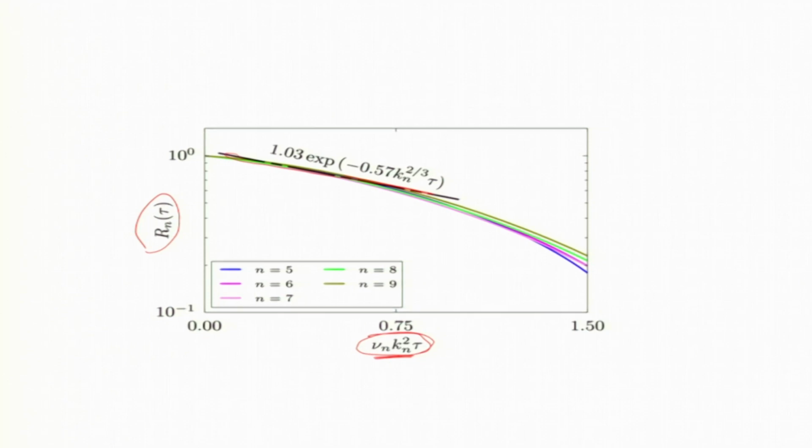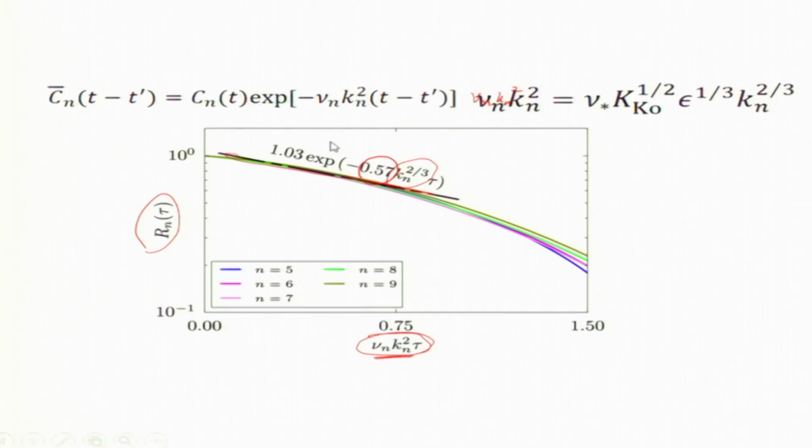Interestingly, this is going as k n to the 2/3. Nu n k n squared is k n to the 2/3, right, because nu n is k to the minus 4/3. So, this function of k n is working. Now, the coefficient is 0.57. What should I compare this 0.57 with? You can look at it here.